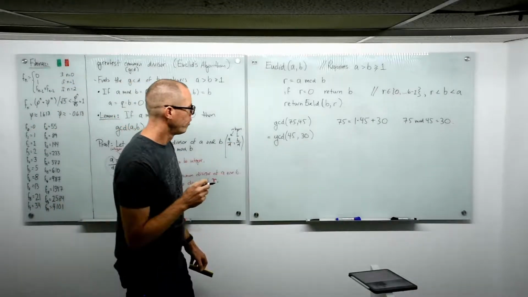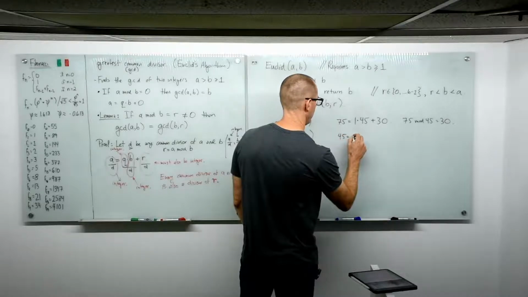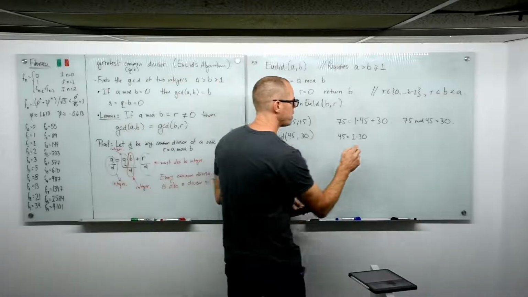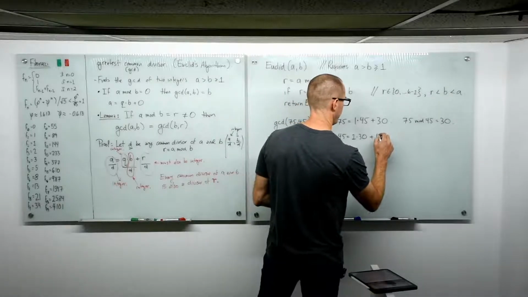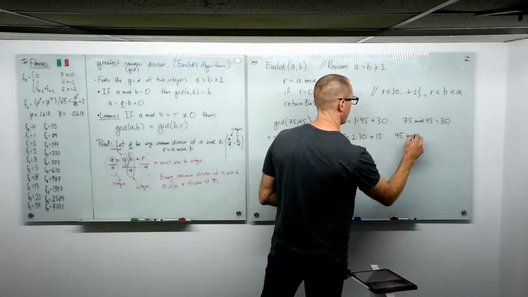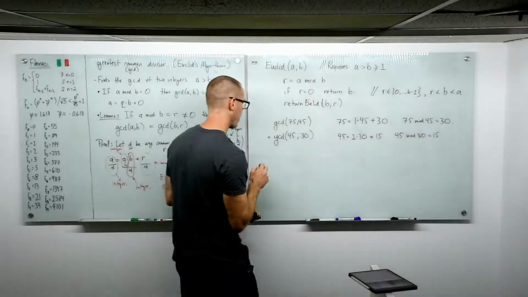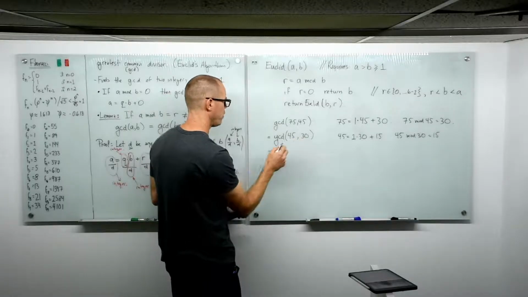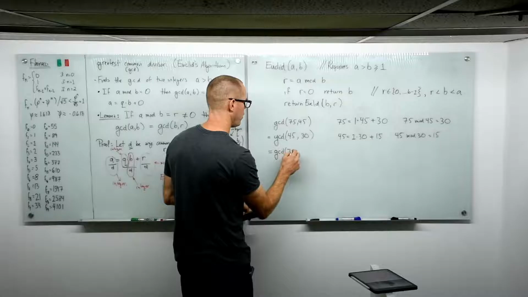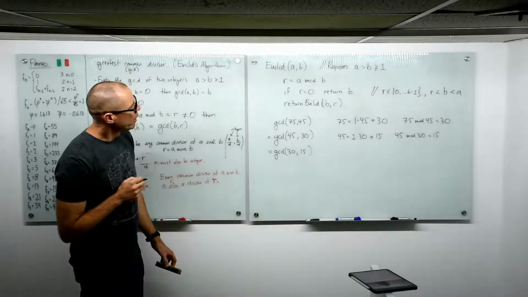Now, 45 is equal to 1 times 30 plus 15. So 45 mod 30 is equal to 15, which means that the GCD of 45 and 30 is equal to the GCD of 30 and 15.